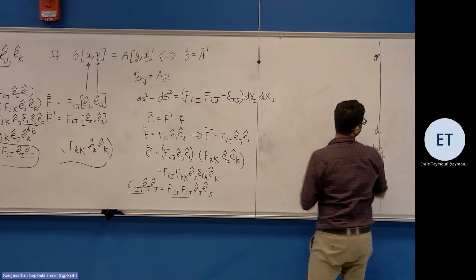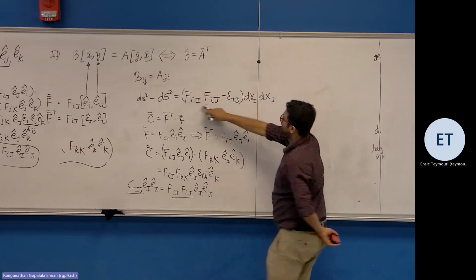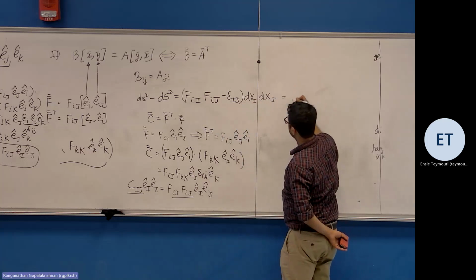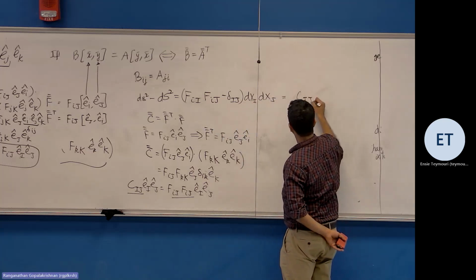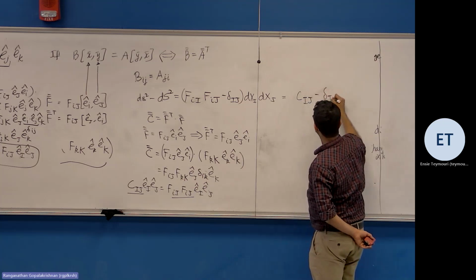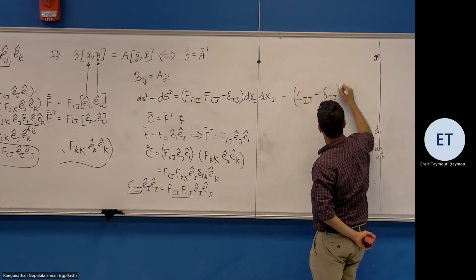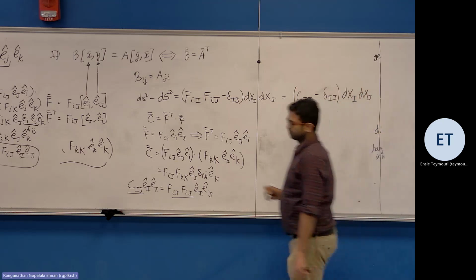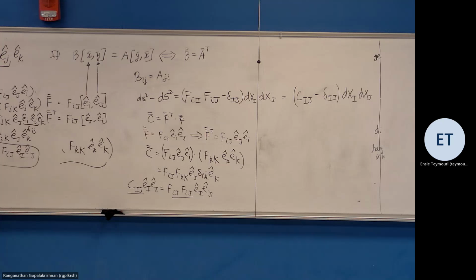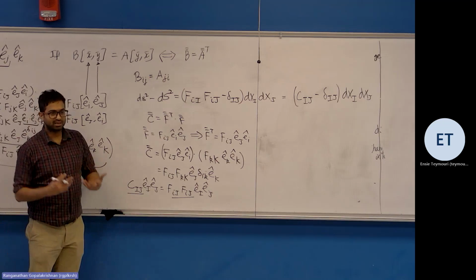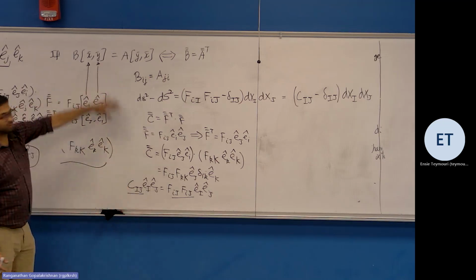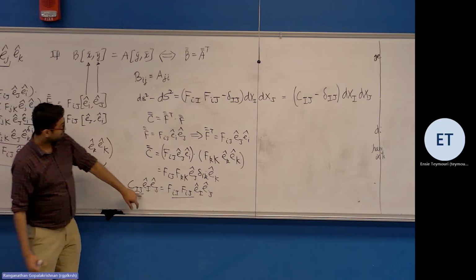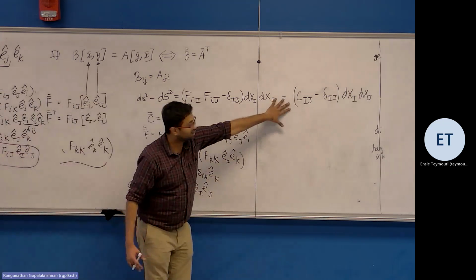So I have, right here in this line, I can write this as (C_ij minus delta_ij) dx_i dx_j. Now you can sleep better tonight, knowing that you didn't just accept what the book said, but you actually reasoned through this. So we have this C_ij minus delta_ij. All right.